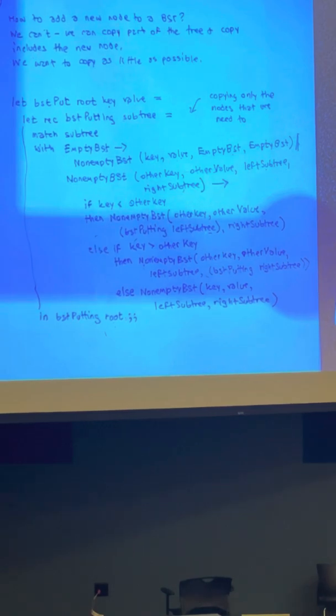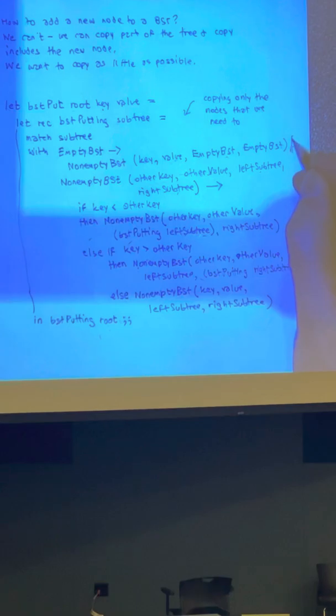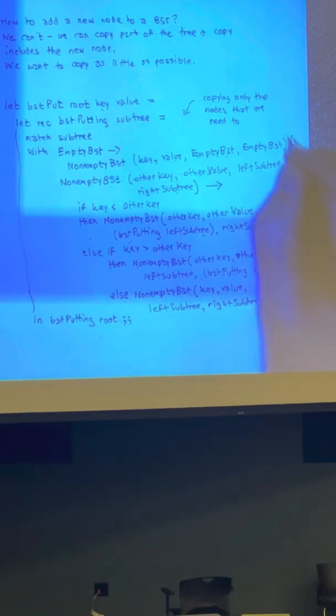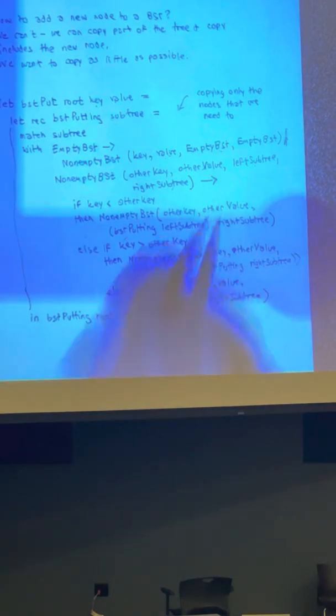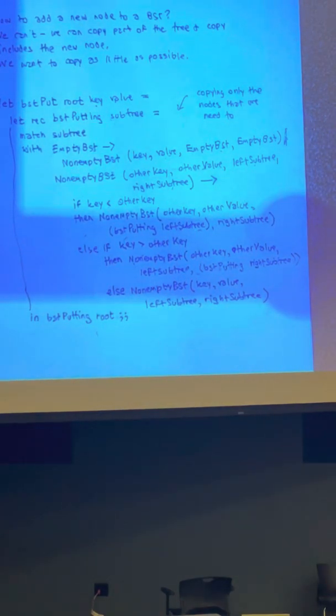So if it's empty, key, it just says key value for none of them. Well, let me answer it a different way. If I have two rules in a match, I have to separate them by these vertical bars. Or if I have like 3 or 4 and some other, I have to separate them by the vertical bars. Otherwise, OCaml doesn't know where one rule ends and another rule starts.